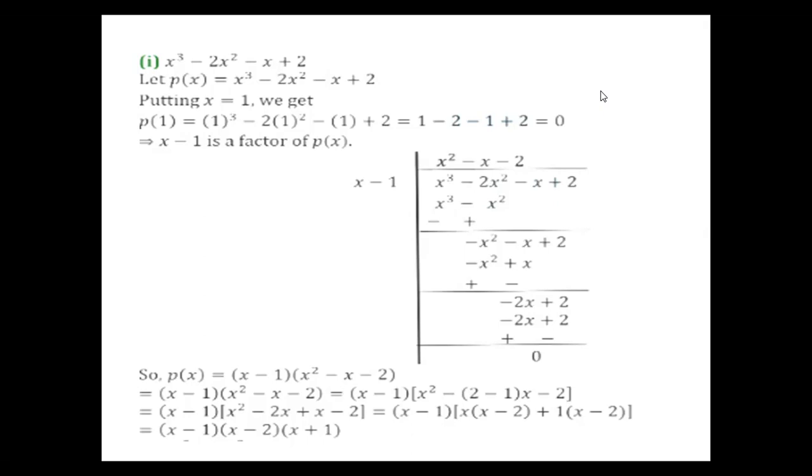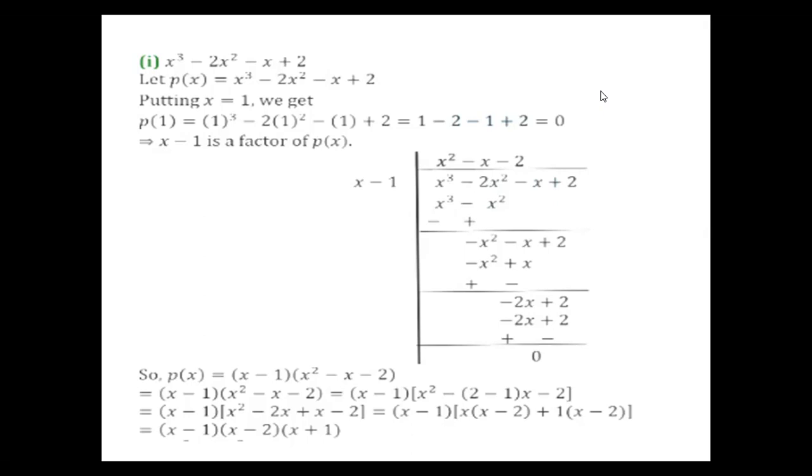Okay, so now what will happen in the next step is changing sign. So in the second row, x squared, which was minus, becomes plus, and x, which was plus, becomes minus. So minus x squared plus x squared gets cancelled out. And if you could see, minus x becomes minus 2x. And then plus 2 also comes down.